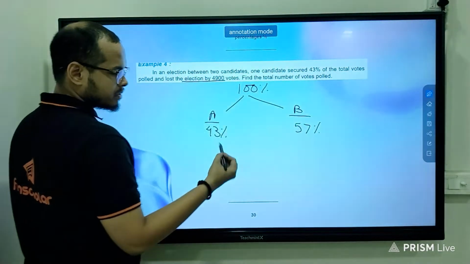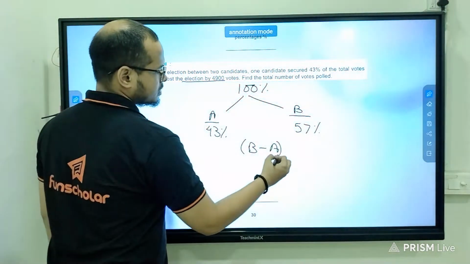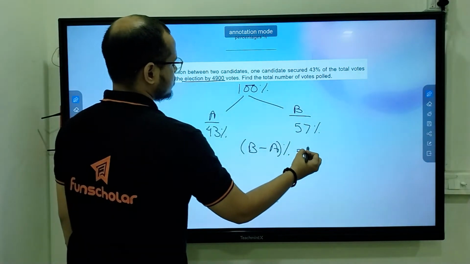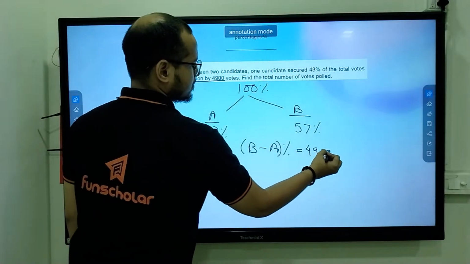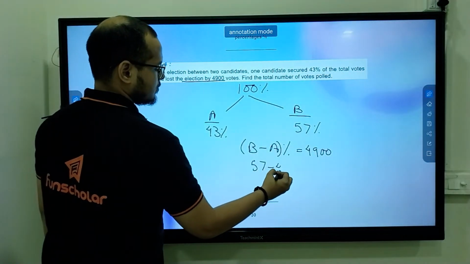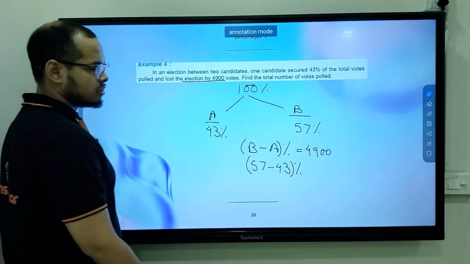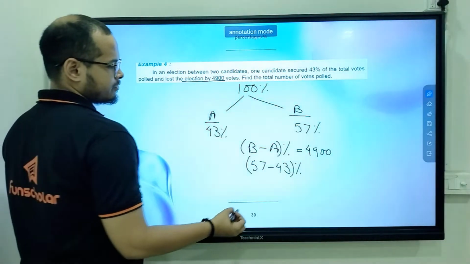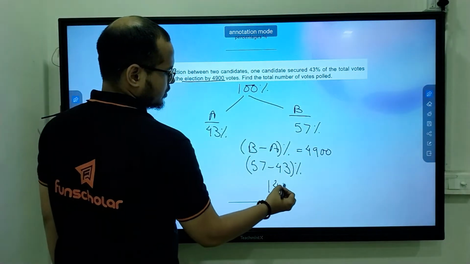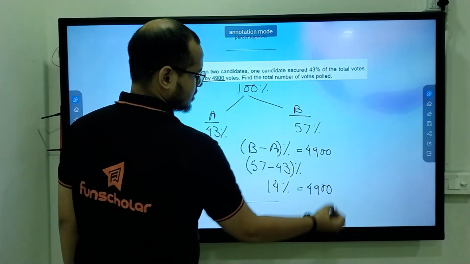So it is saying that he lost the election by 4,900 votes. तो lost मतलब क्या है? तो B minus A का जो percentage है that is equal to 4900 votes, right? So 57 minus 43%, as I can say, it's going to be 14. So 14% is equal to 4900.